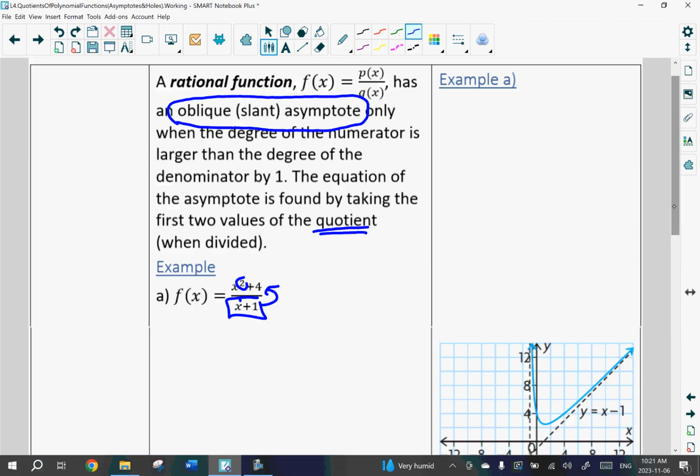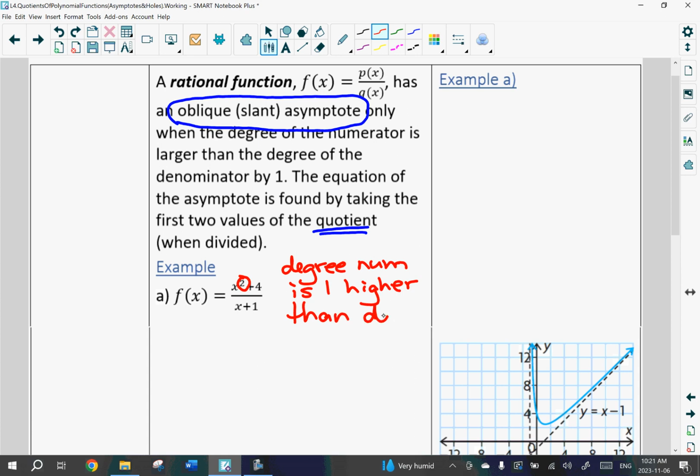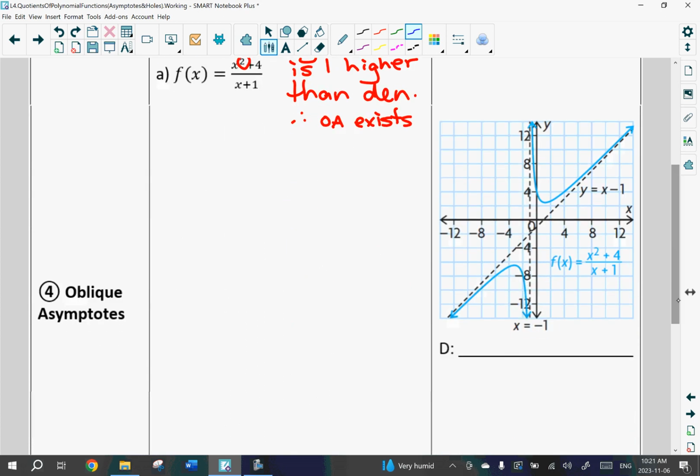So let me make this a little bit cleaner, because I was circling when I was talking. Oblique asymptote exists. All right, let's find the equation for that.